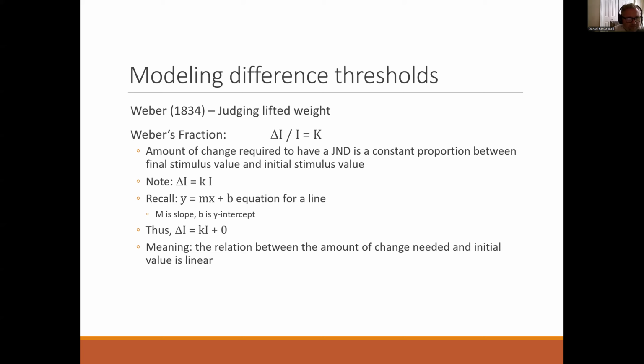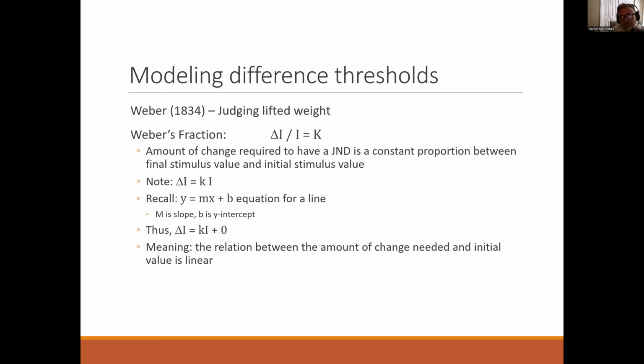Now, I'm going to rewrite our new Weber's fraction, delta I equals K times I, but adding that plus 0 there, just so that you can really notice that the form of our Weber's law is linear. We have a y-intercept of 0, that is, when x is 0, y is 0.